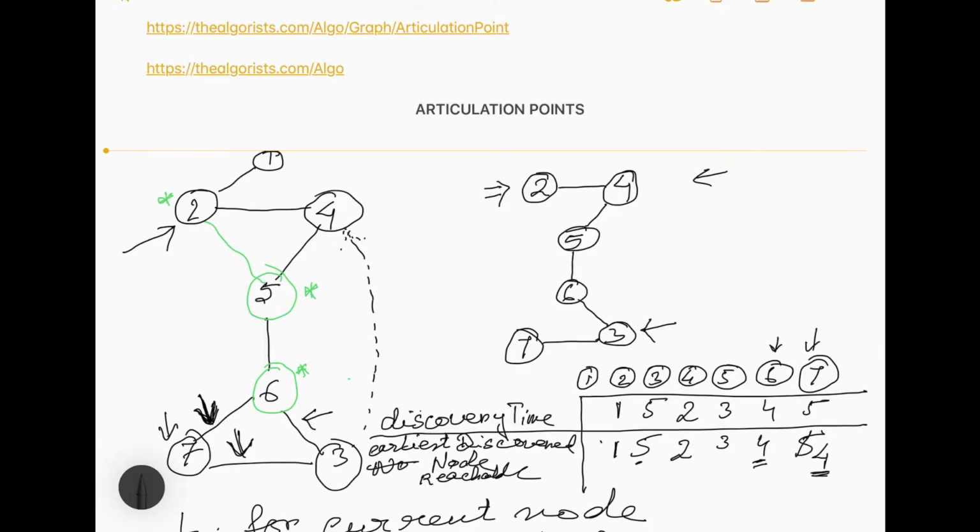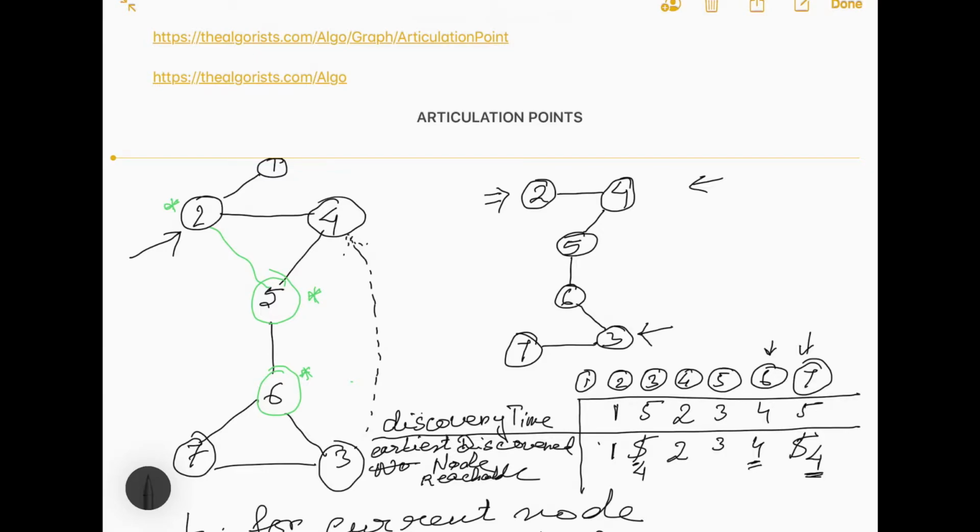So for 3, we take the minimum of the current earliest discovered node reachable and the minimum we got from all its adjacent nodes. So the minimum of 5 and 4 is 4. So we update the earliest discovered node reachable from 3 to be 4. Now we are backtracking from 3 to 6. 6 has 3 adjacent nodes, out of which one is its parent, the node 5.